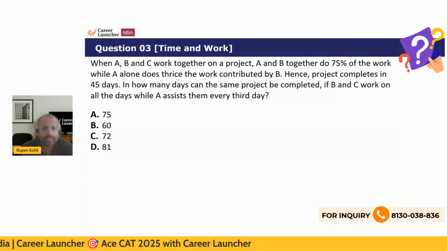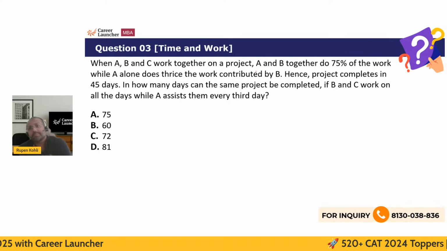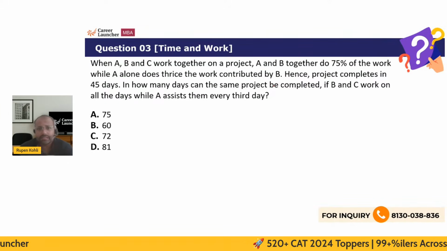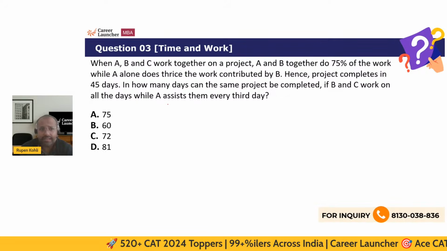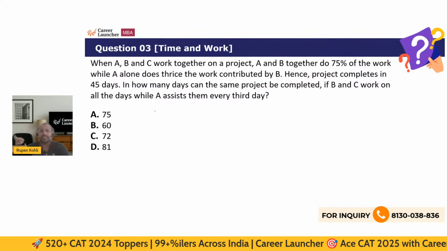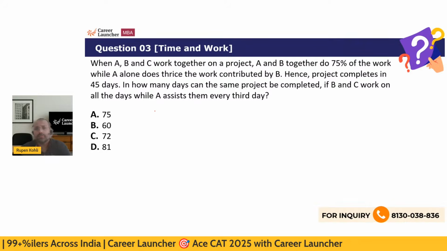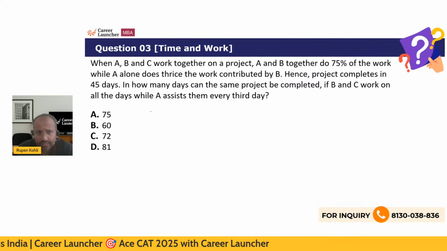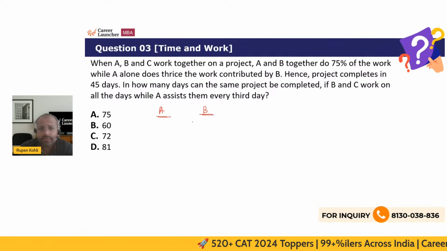Now, here it is. When A, B, C work together, A and B together do 75% of the work, while A alone does thrice the work contributed by B. So the second part of the sentence basically tells me that the ratio of the work efficiency of A and B is 3:1. A's work rate is thrice that of B. So if the work rate of A is 3 units, then the work rate of B is 1 unit per day.